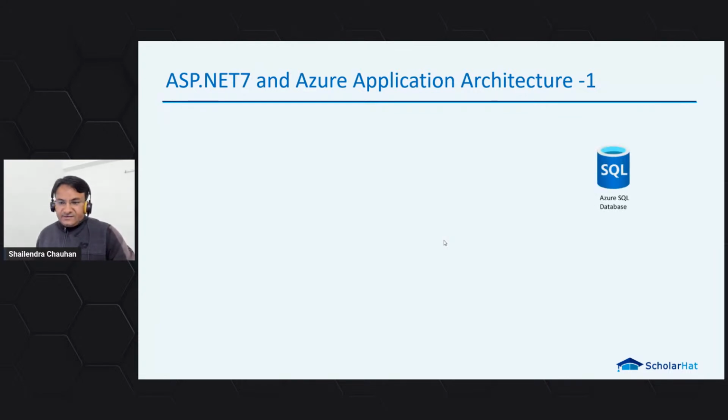When it comes to managing the data, the option here is Azure SQL Database. Whatever database you are running in your local environment or dev environment, we can move to Azure SQL.